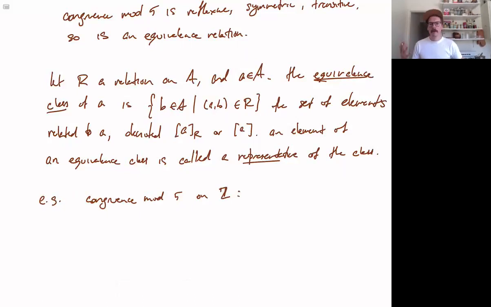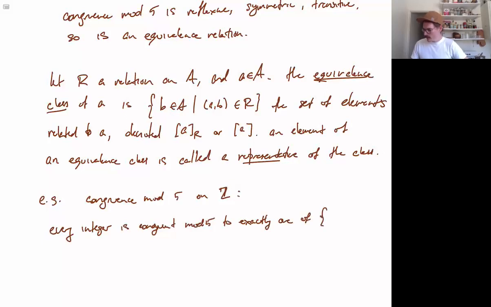One of the basic things that we learned when we were talking about congruence and modular arithmetic was that every integer is congruent mod 5 to exactly one of the following: 0, 1, 2, 3, 4, basically 0 through n minus 1.